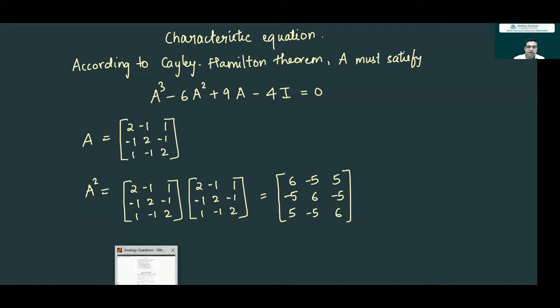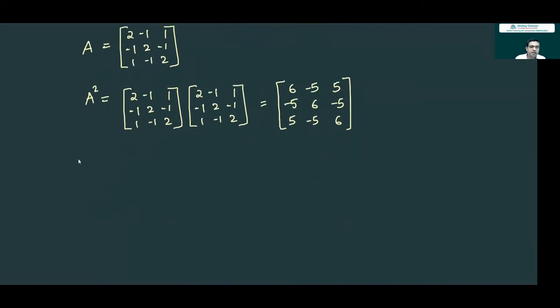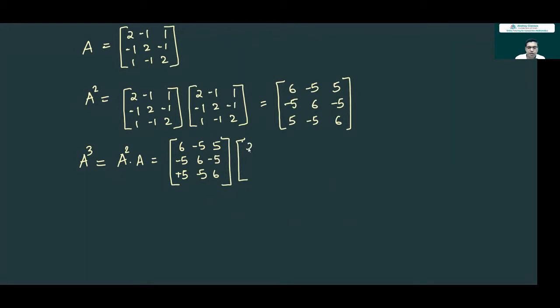So this is the A square. So A cube will be A square times A. So 6, minus 5, 5; minus 5, 6, minus 5; 5, minus 5, 6. This multiplied by 2, minus 1, 1.